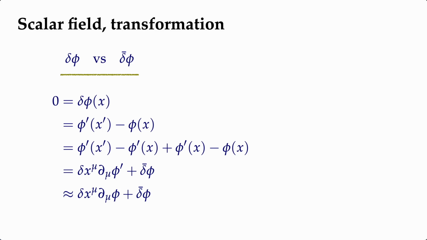If we subtract phi prime at x once and then add the same thing, we can approximate the first group of terms as a directional derivative. The second group is the difference between two field configurations at the same point. We call this difference delta bar phi to distinguish it from the delta phi above.